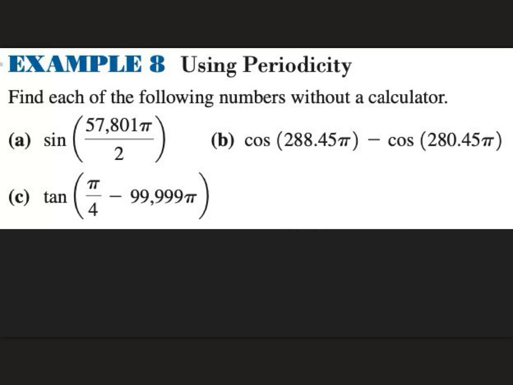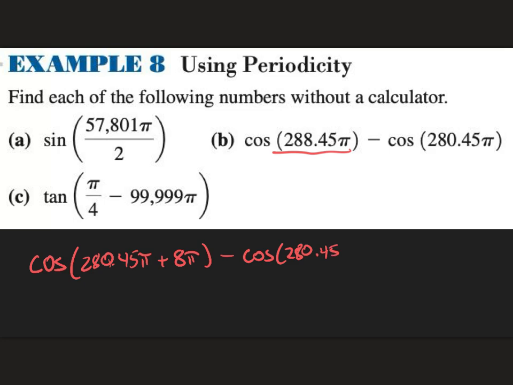Okay, looking at this one. So we are going to separate this one. So the cosine of 280.45 pi plus 8 pi makes 288.45 pi, minus the cosine of 280.45 pi.